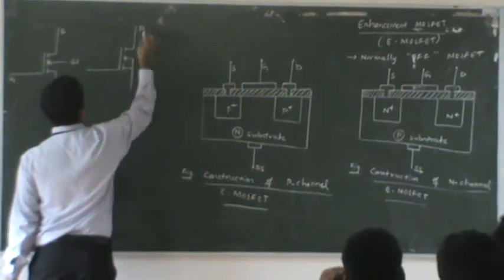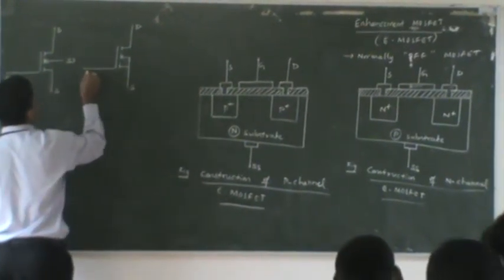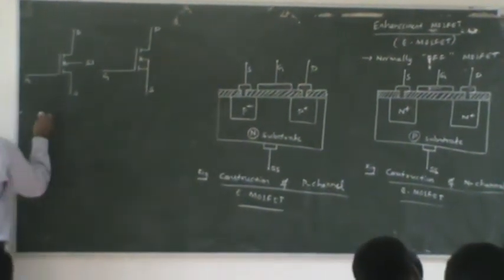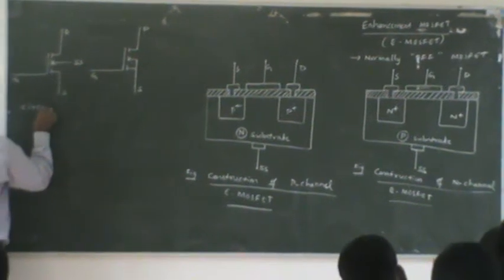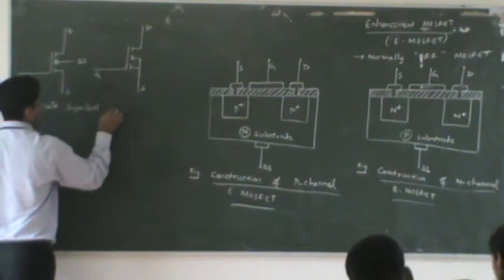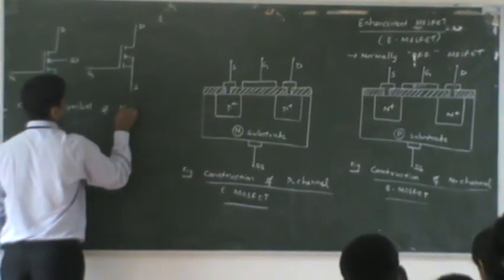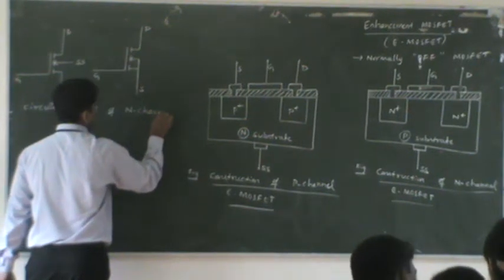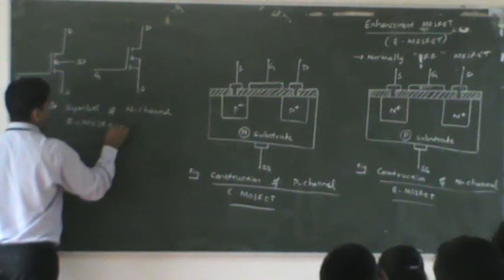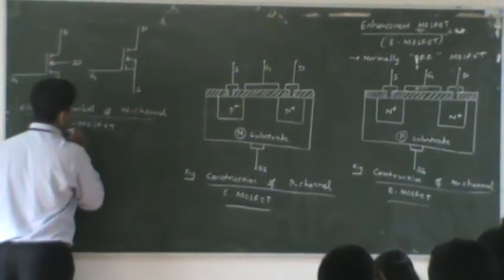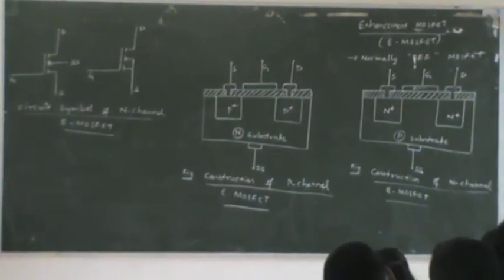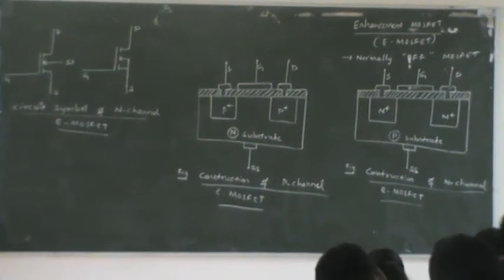This is an alternative symbol which I have drawn here by shorting the source and substrate. If you look at these two symbols, both are representations of N-channel E MOSFET.